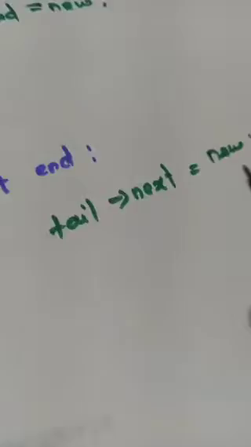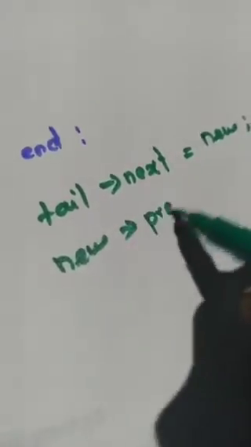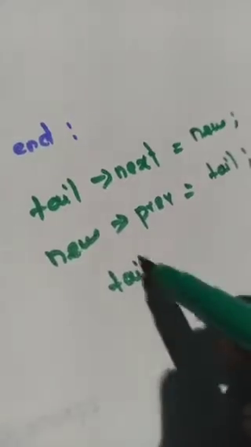So let me explain. See, insert at the end of the list. I have to write the code like this: tail next. Initially this node is the tail node, right? So tail next is equal to new, and new previous is equal to tail, and then tail is equal to new.